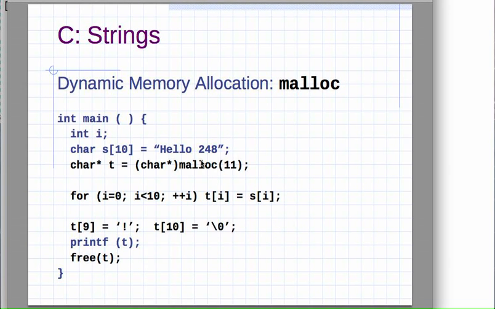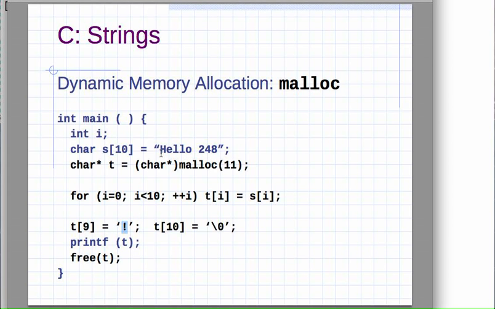So here's a simple program that uses dynamic memory allocation. In this case, what we want to do is that simple thing that we said: let's say we have a string, and all we want to do is add something to it, in this case an exclamation.